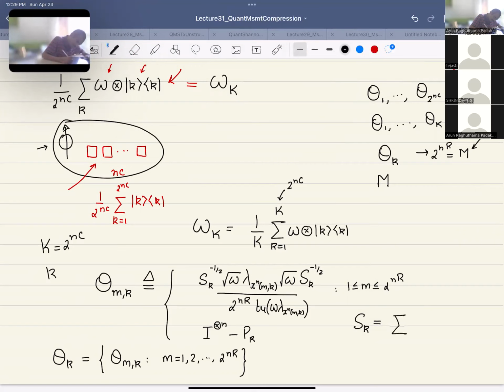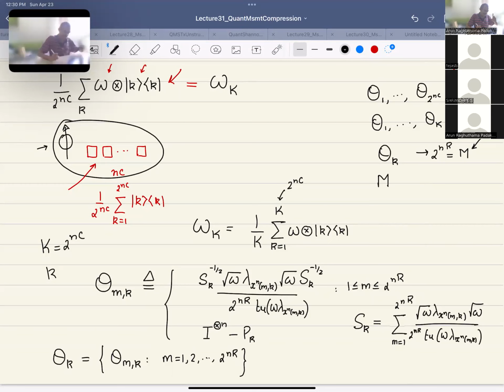Just summation. M equal to 1 to 2 power nr, root omega lambda xn of m comma k root omega, divided by trace 2 power nr trace omega xn of m lambda of xn of m comma k.